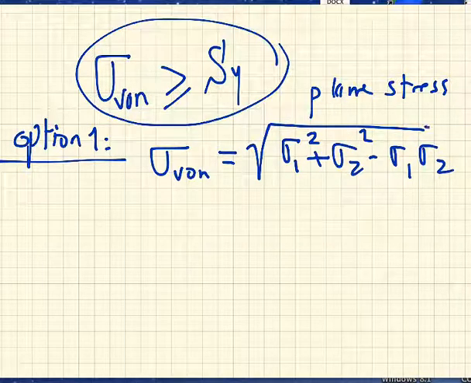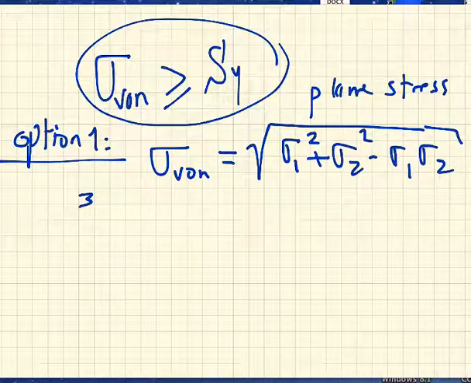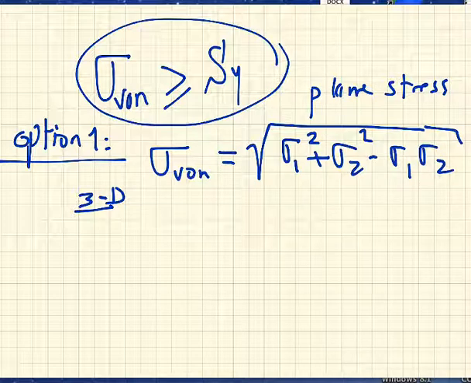So it's very easy to write that when we have plane stress. This is in plane stress. In 3D, we defined already von Mises, and we can use it from the previous equation.